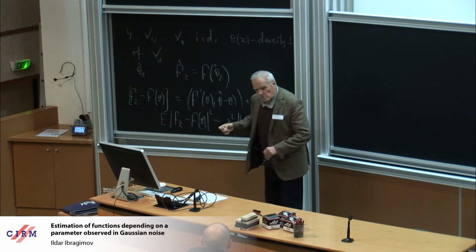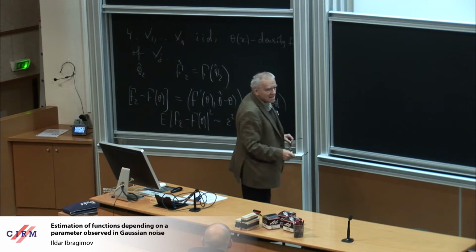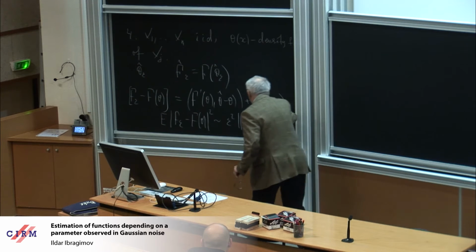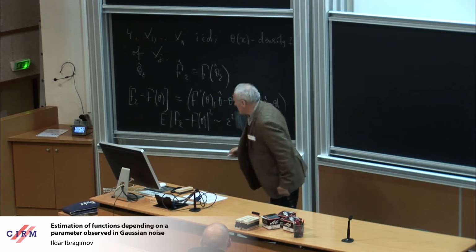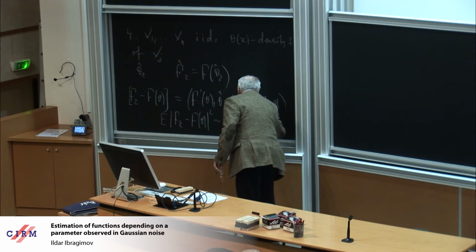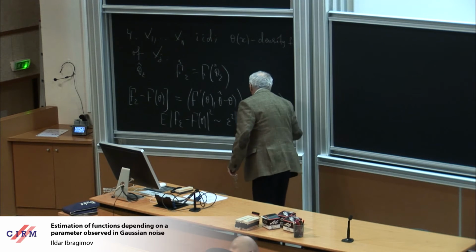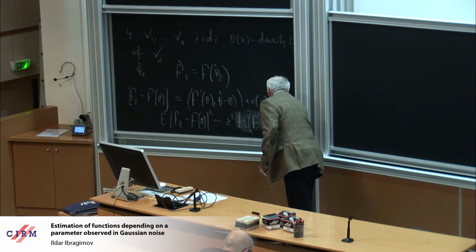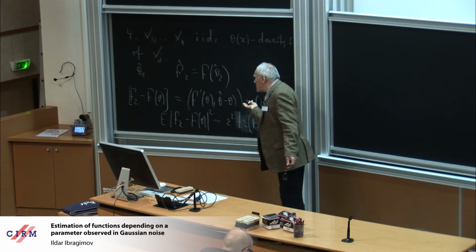Sorry, of course not. It will be, of course, the trace of f prime and information matrix. I forgot about it. It's not always the identity matrix. And again f prime. So the rate of convergence is always parametric and absolutely no problem.